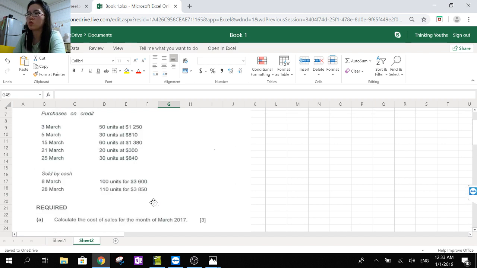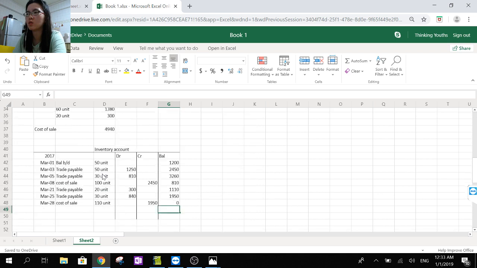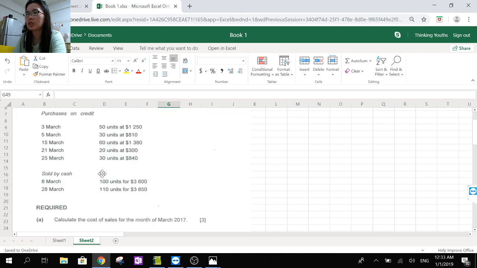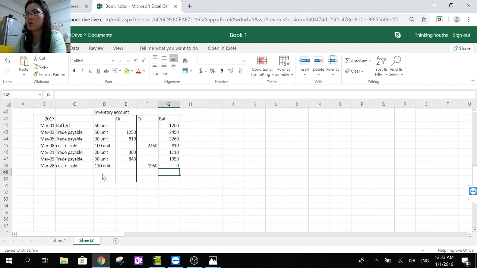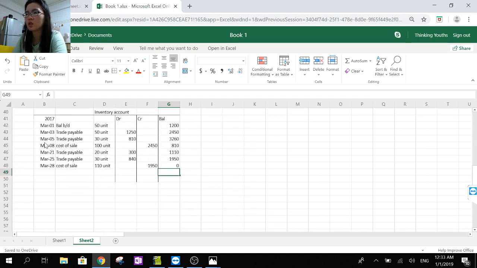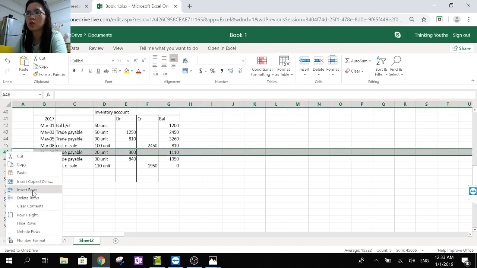So all the goods are already sold. No, so I missed one batch. Oh, this is 15 March. There's a missing transaction on the 15th March.